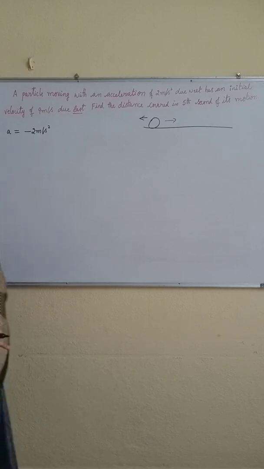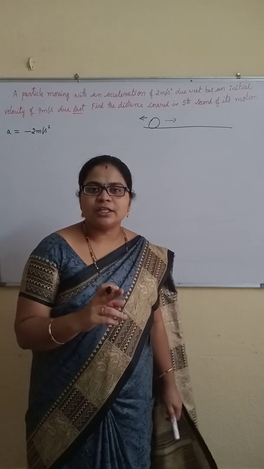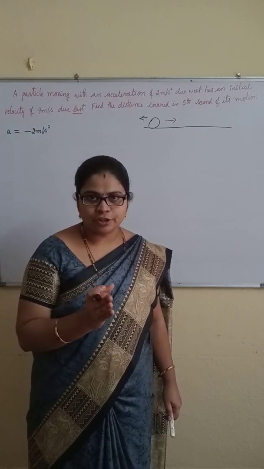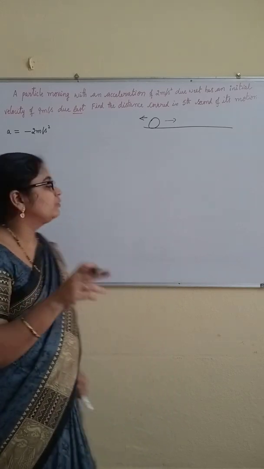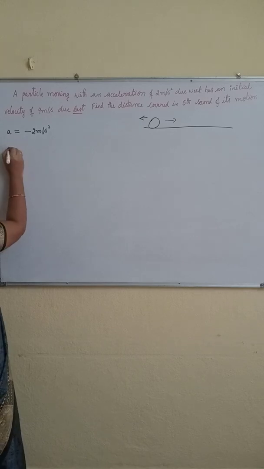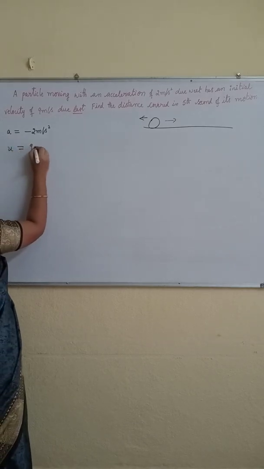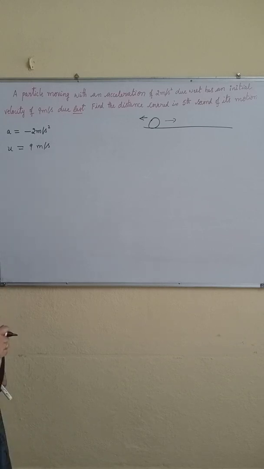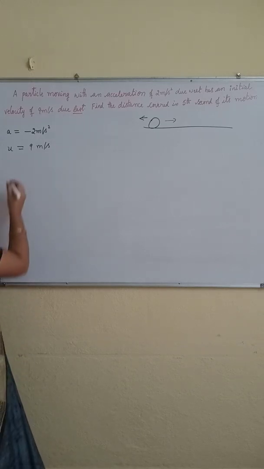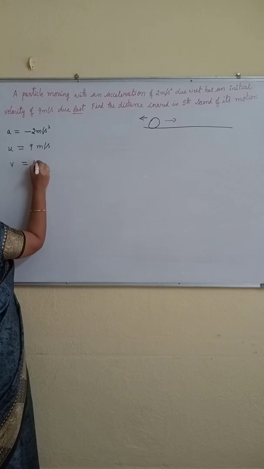Why minus? Because velocity and acceleration are both in opposite direction, so acceleration should be taken as negative. And initial velocity u is 9 meter per second. And we know the final velocity v is 0.